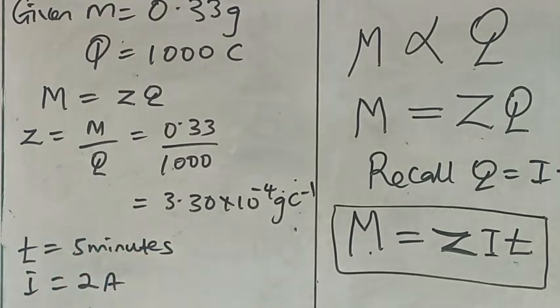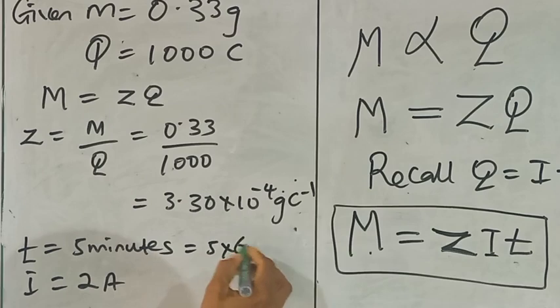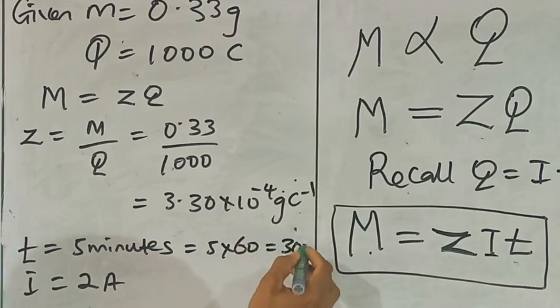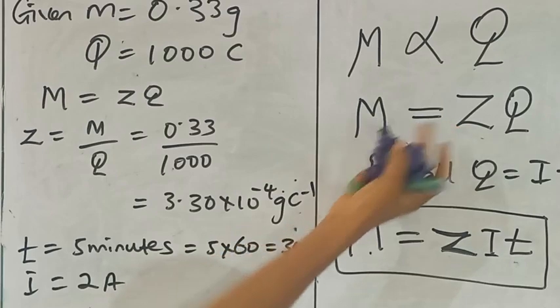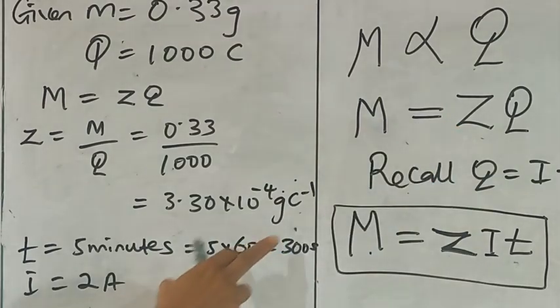We will convert this 5 minutes and say 5 times 60, that will give us 300 seconds. So we are looking for, calculate the mass. We are looking for M. Remember, we already have the constant Z. And the final answer, we'll leave it in gram because our constant is in gram.